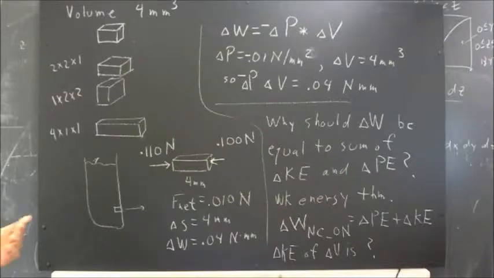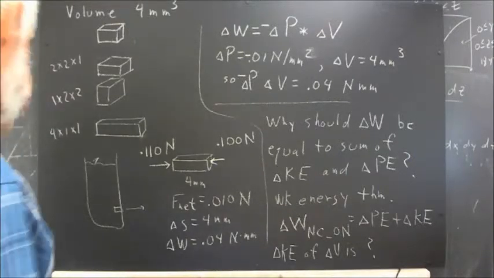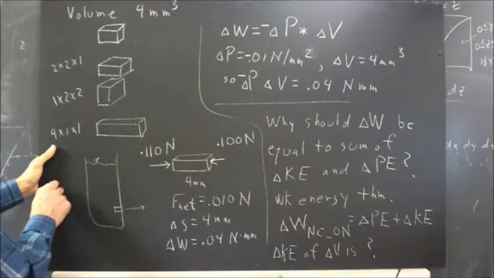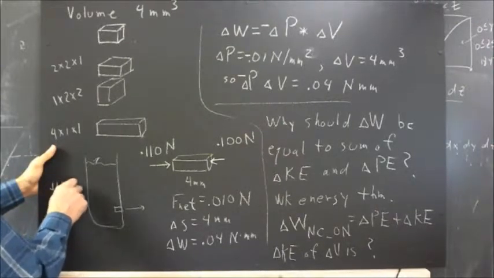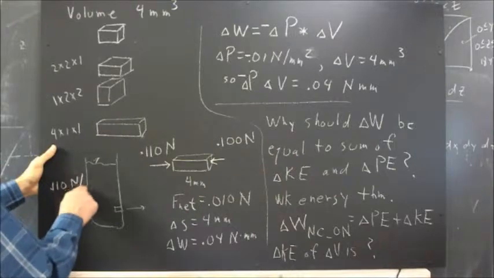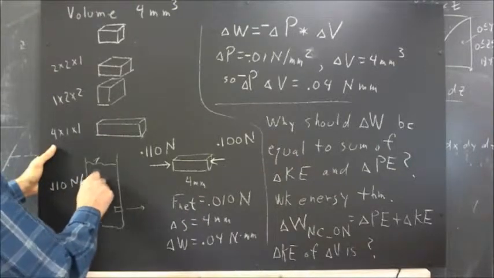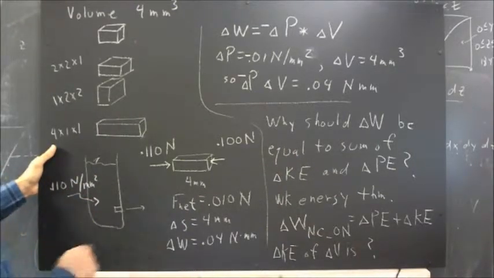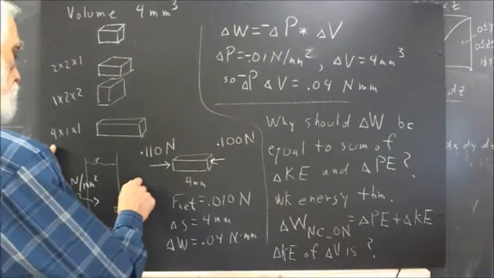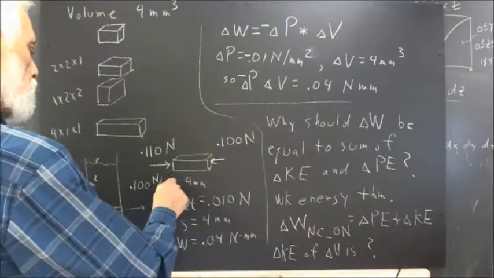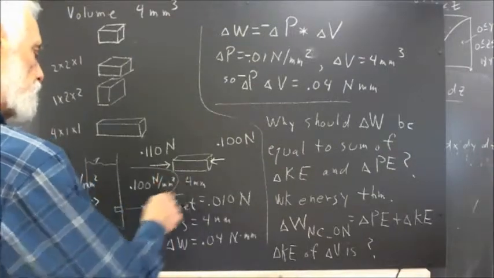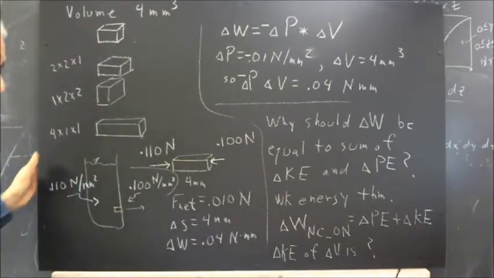We have a 0.110 newtons per square millimeter inside and a 0.100 newtons per square millimeter on the outside.